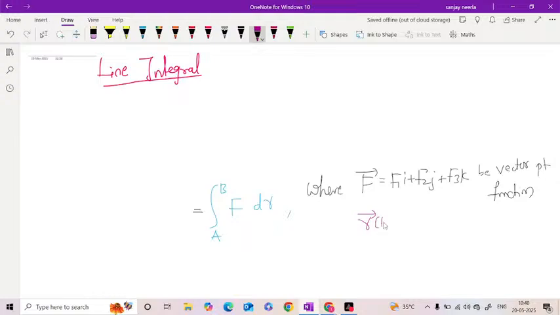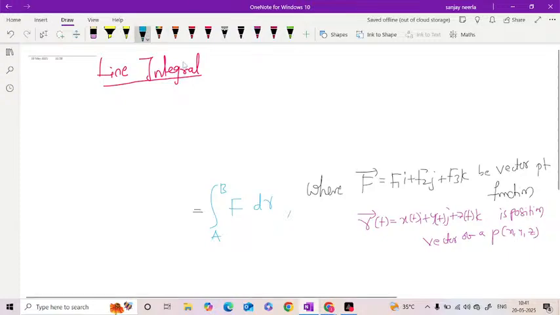So position vector is R of t equals x of t i plus y of t j plus z of t k. This is the position vector of a point P, that is the point x, y, z.